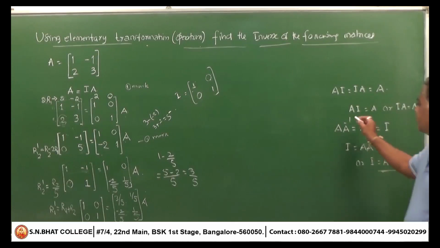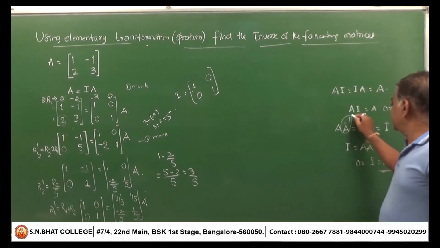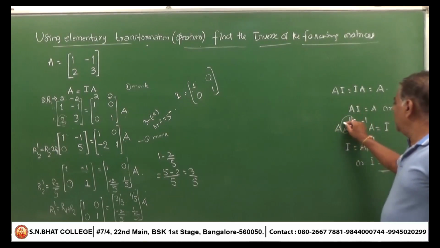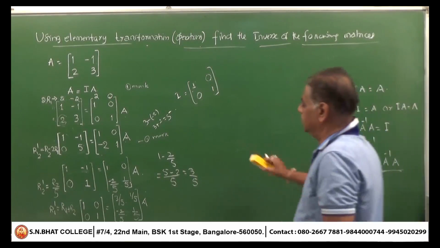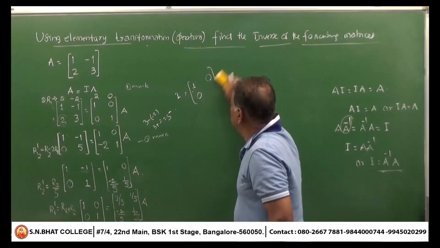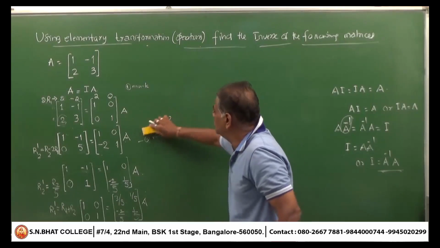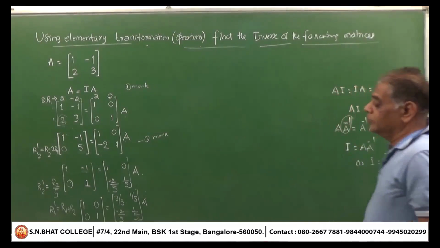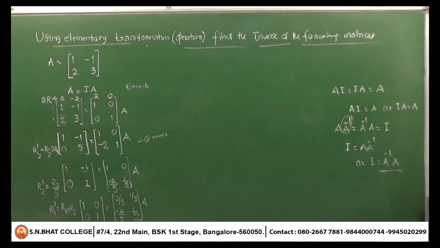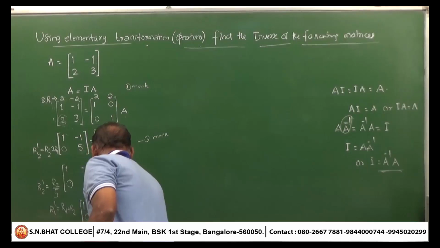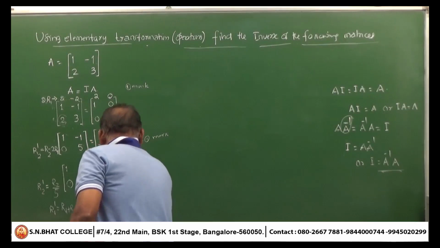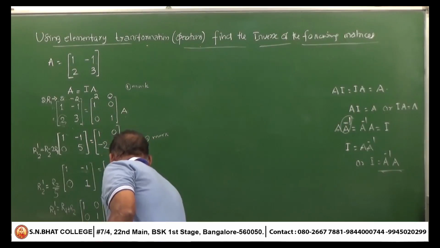See here, this is A inverse. This is the inverse of A. I have to calculate what A inverse is. Now, left hand side, it is nothing but I, and right hand side A is there already.